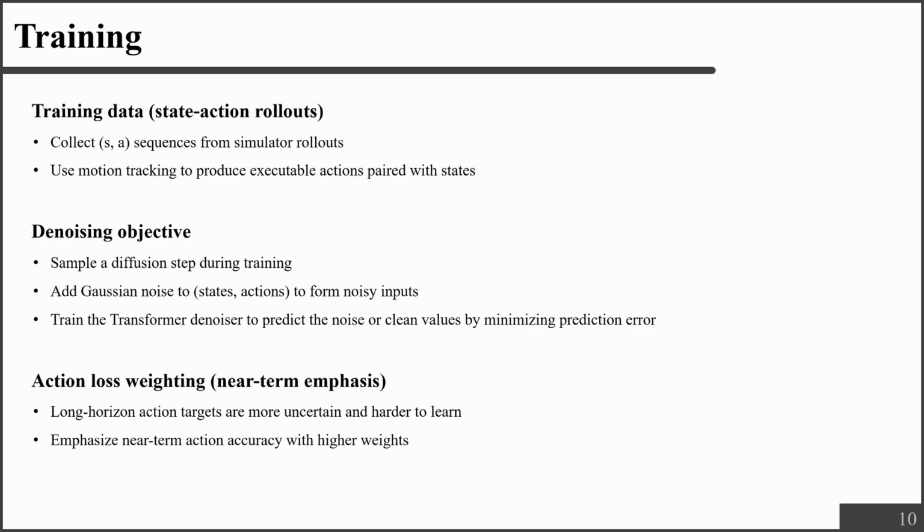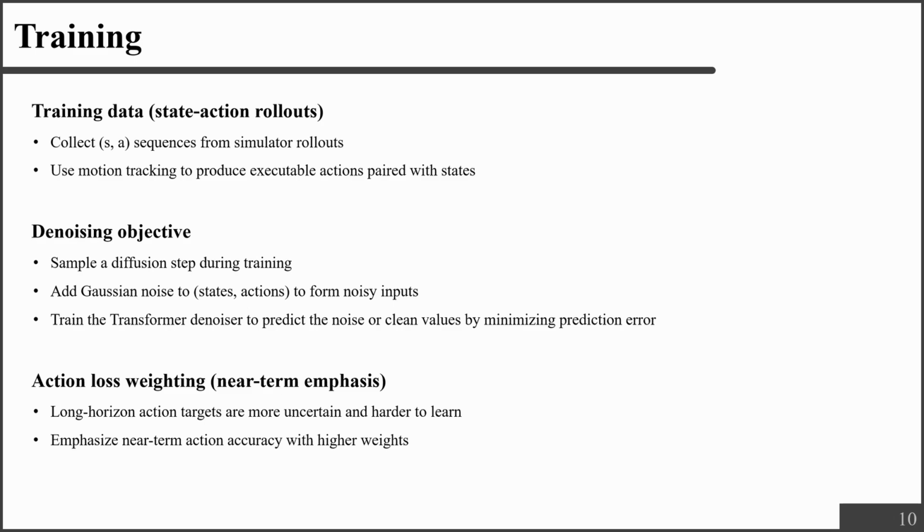Training follows the standard diffusion denoising objective. Each diffusion step adds Gaussian noise to both states and actions, then feeds the noisy sequence to the denoiser transformer. The model is trained to predict either the injected noise or the clean variables, and the loss minimizes the prediction error.